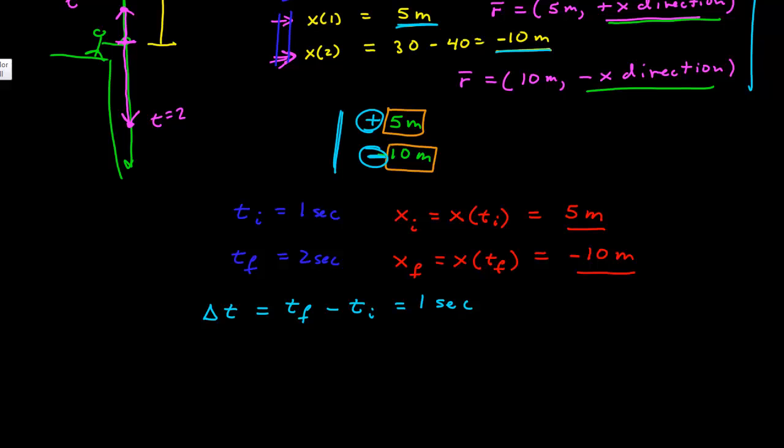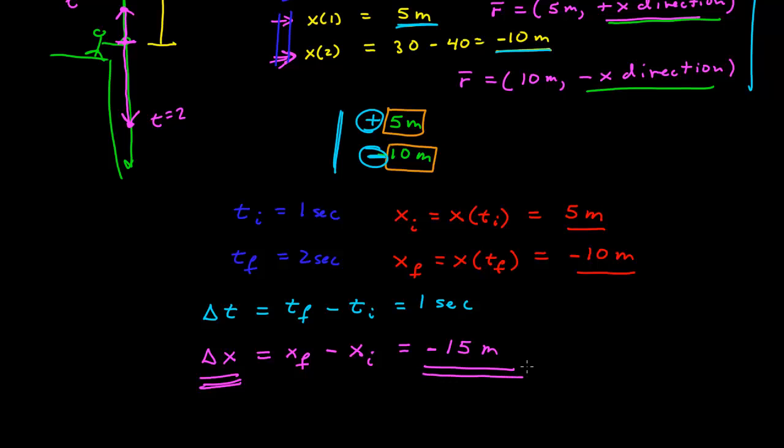I could also be interested in delta x, which is equal to the final position minus the initial position. This is the displacement, again, which in this case is equal to negative 15 meters. So this is now the displacement as we described before.